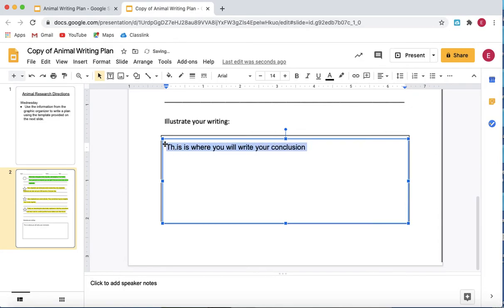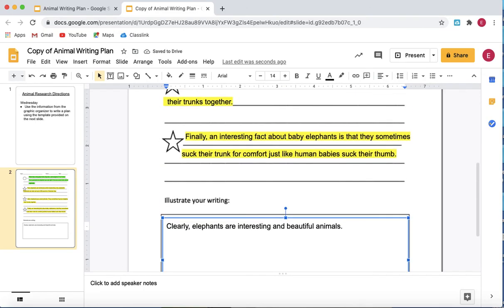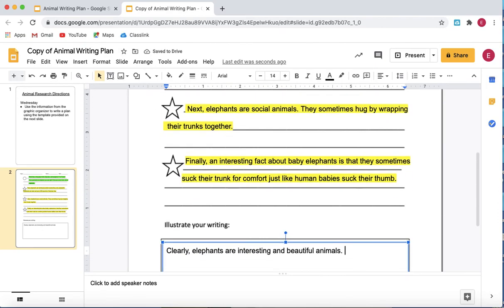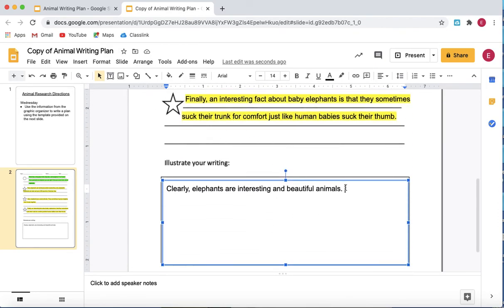So I'm going to put clearly, elephants are interesting and beautiful animals. Okay, now I have my plan. So, and my conclusion is always green.